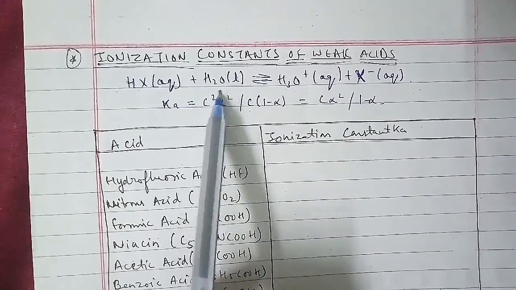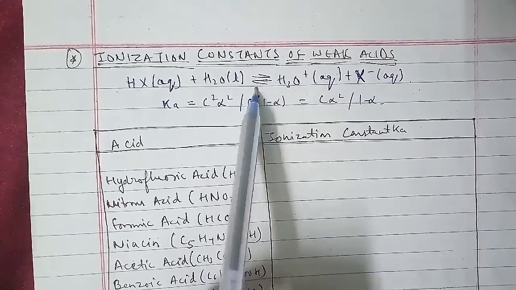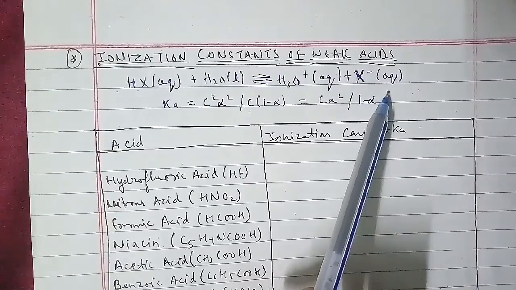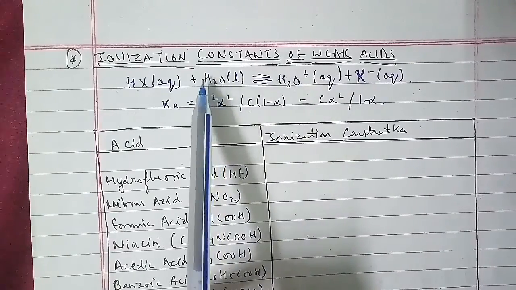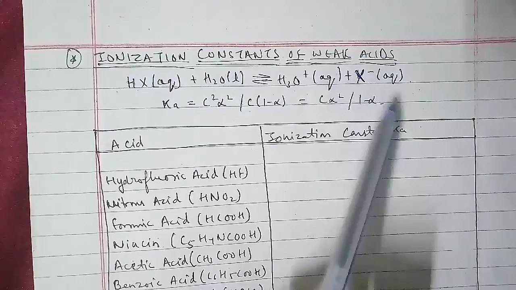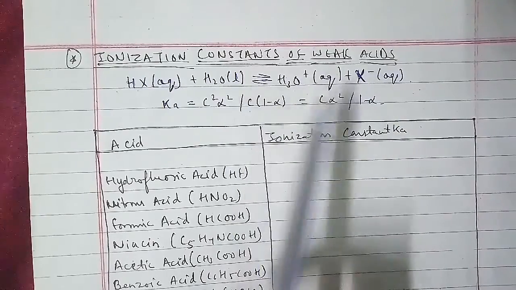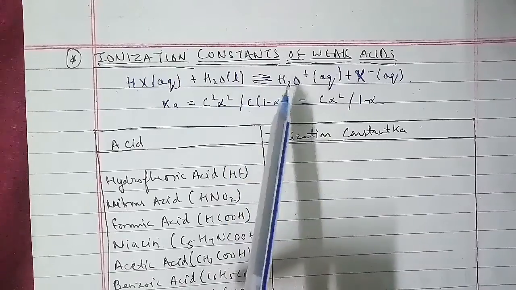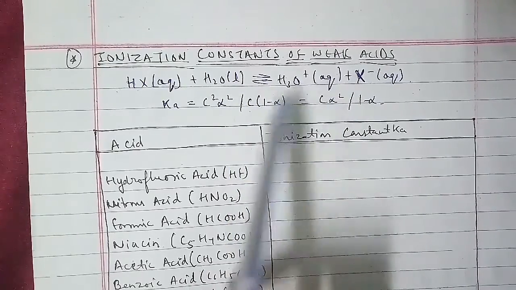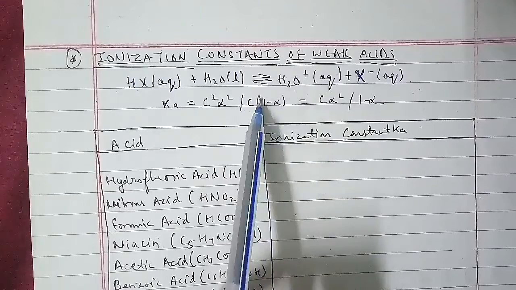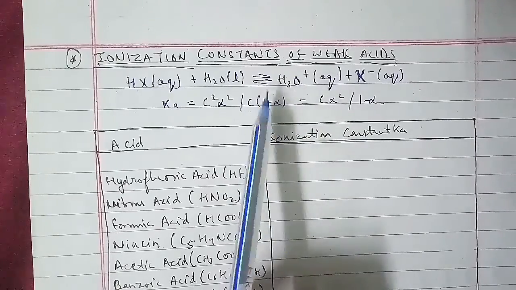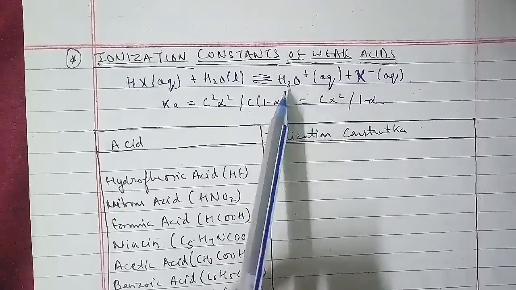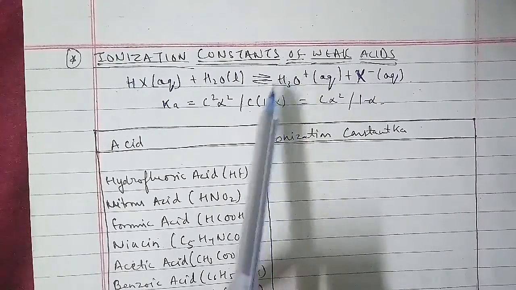Ka, that is the dissociation or ionization constant of acid HX, can be represented alternatively in terms of molar concentration as follows, and that would be written as Ka equals [H+][X-] by [HX].